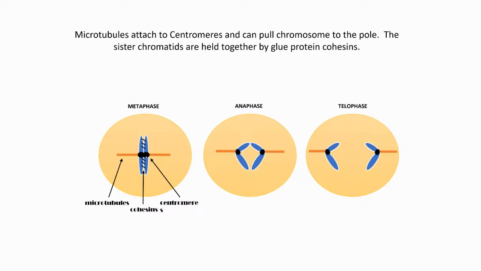And as you know, during mitosis the centromere moves to the opposite pole, and the attached chromosome appears to be dragged along behind it.